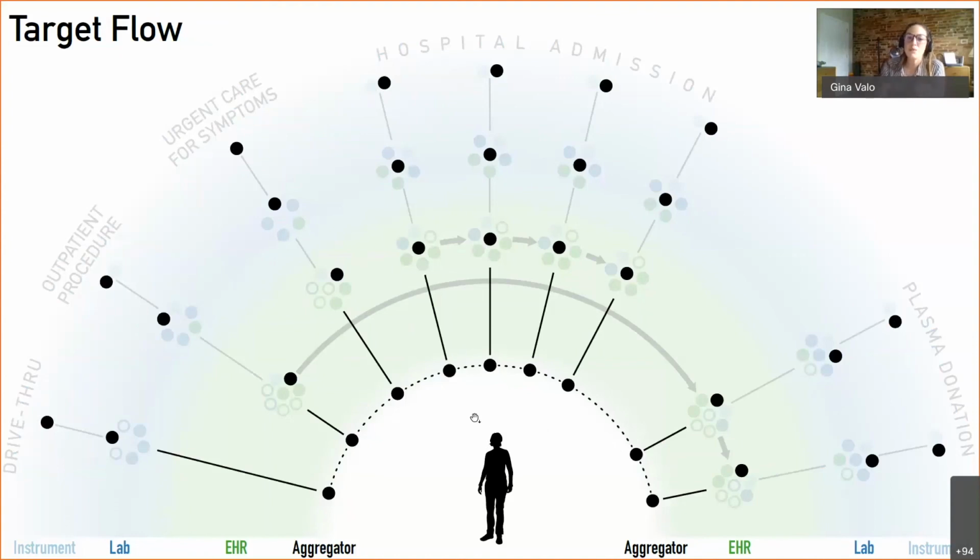This is what we mean when we talk about connecting the pipes. The ability to connect these pieces is critical, and to be able to use real world data as a means for understanding the performance and the limitations of the testing available to us. And we've talked in previous meetings about why that is so important relative to the work we're doing on the therapeutic side, and on the vaccine side as well.